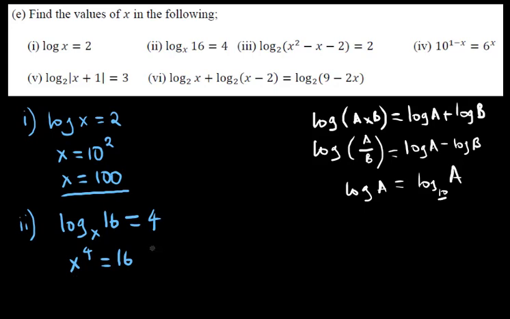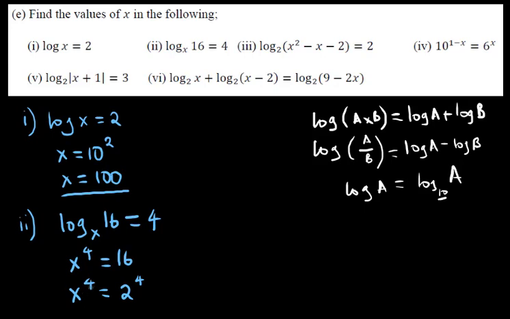So we need a certain number raised to the power 4 that will give us 16. We know that 16 is the same as 2 raised to the power 4.